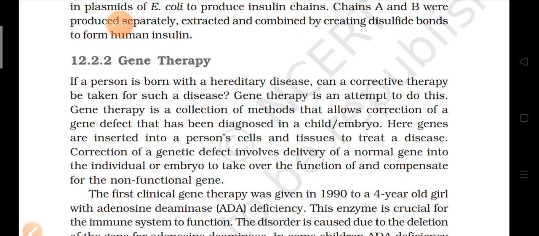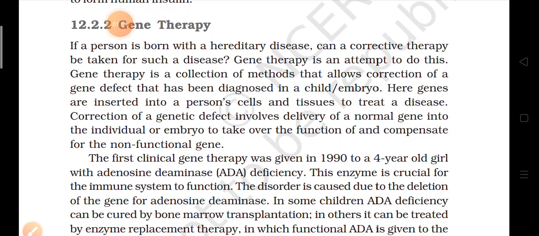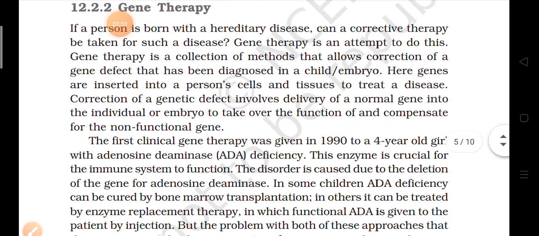You have talked about various hereditary diseases, and these hereditary diseases can be cured now because of biotechnology. Biotechnology has a special field where gene therapy is done, in which the defective gene will be corrected. It can be corrected in a child in the embryonic stage, and also after birth. The defective genes will be removed and the correct genes will be placed in the set of genes.